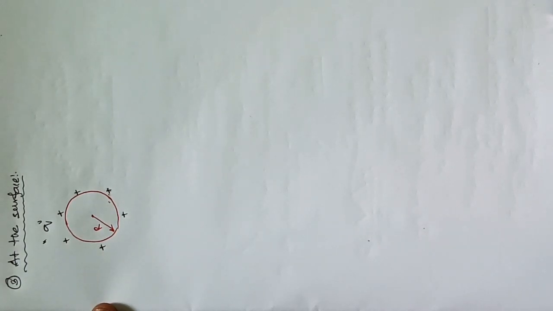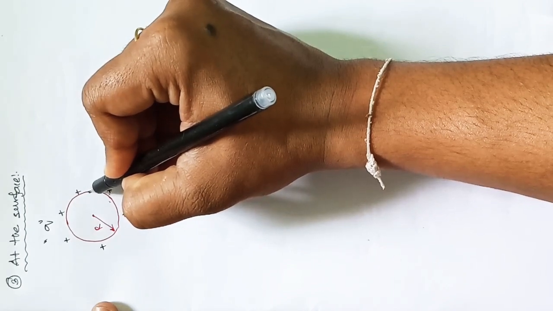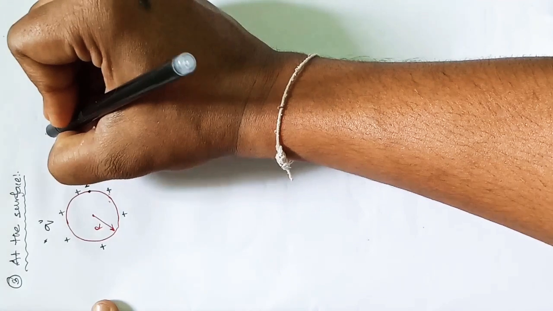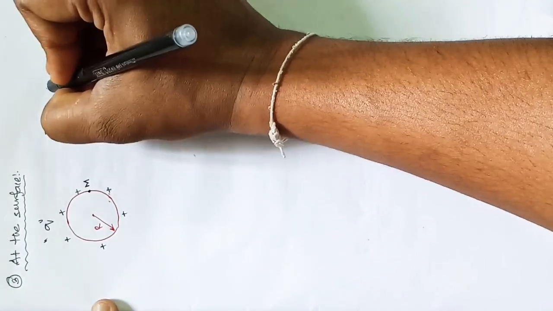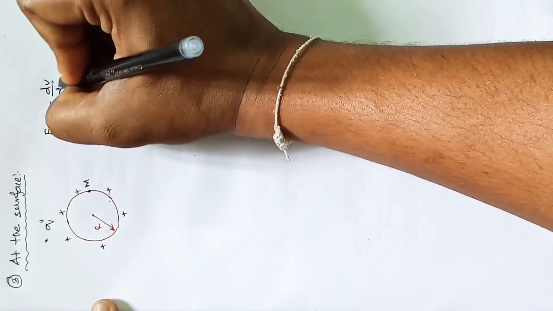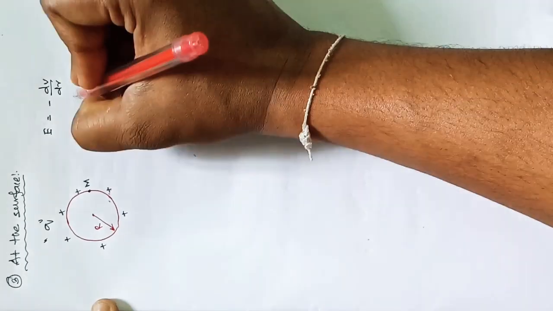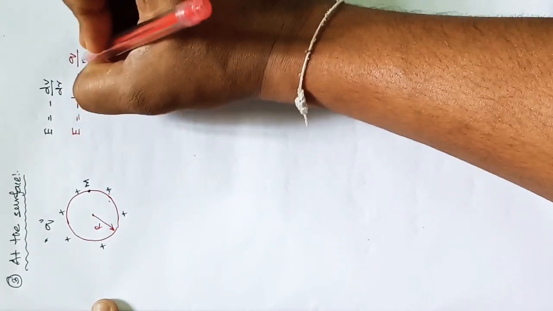Similarly, we can find out the electric potential due to the sphere at its surface. For a point on the surface, again we know the relation between the electric field and potential, that E equals to minus dV by dr, and we have the expression of E from Gauss's theorem, 1 by 4 pi epsilon naught Q by capital R square.